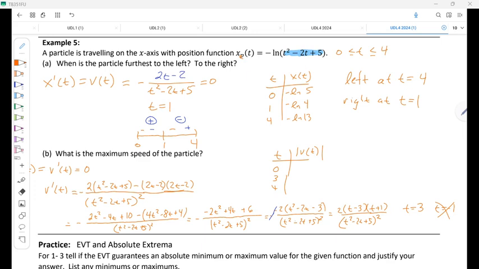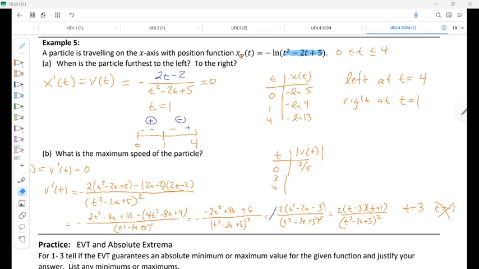We've got to plug 0 into both. That's easy. I get 2 over 5, regular 2 over 5, not negative, since we have the absolute value.